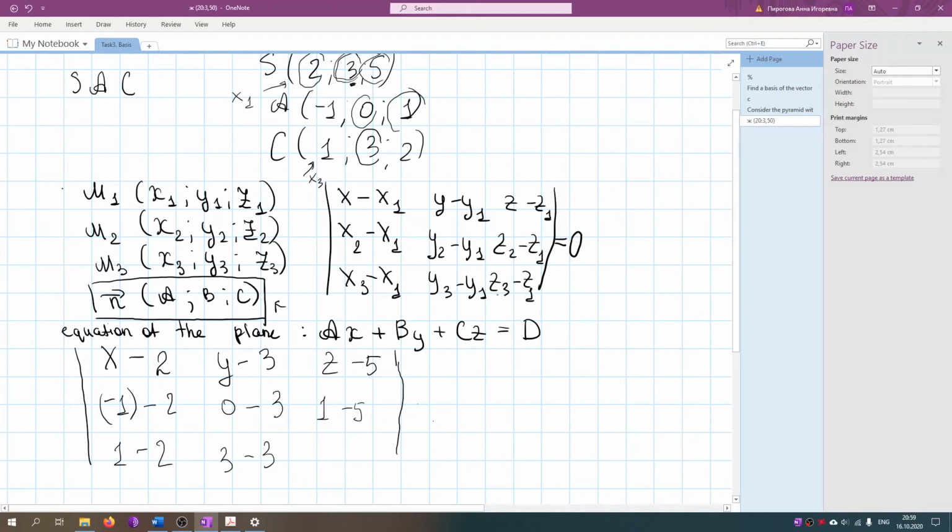And z3 minus z1 is 2 minus 5. Yes. And just simplifying it, x minus 2, y minus 3, z minus 5. Here just minus 3, minus 3, minus 4, minus 1, 0, minus 3.